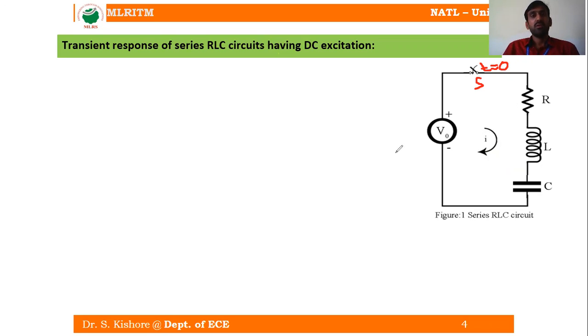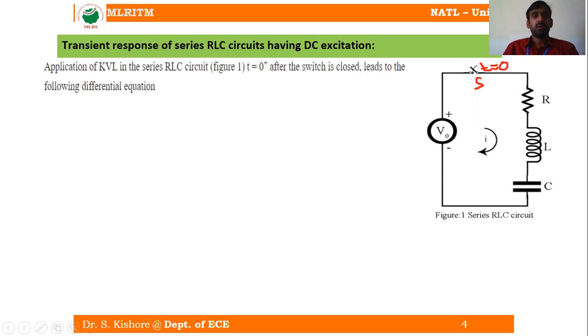So now applying the KVL to the loop, where the current in the loop is I. When the switch S is closed at t is equal to 0, these three are in series, and the inductor and the capacitor are going to charge slowly, right?